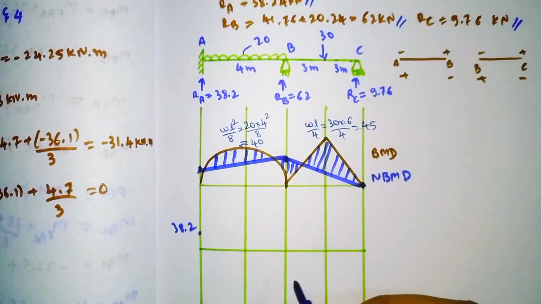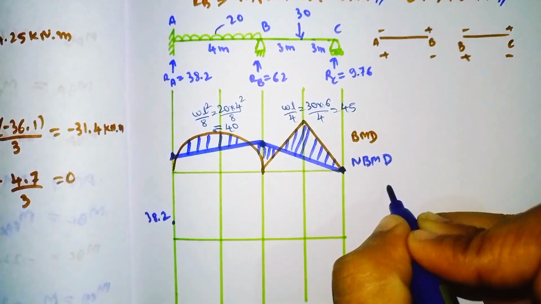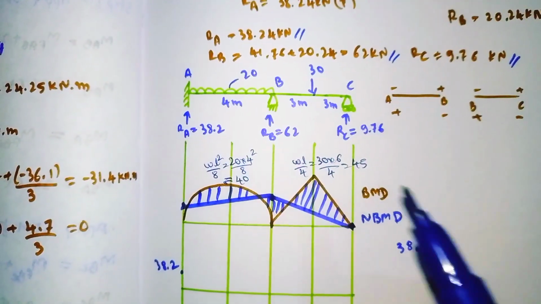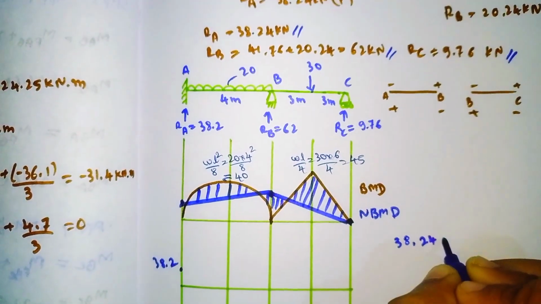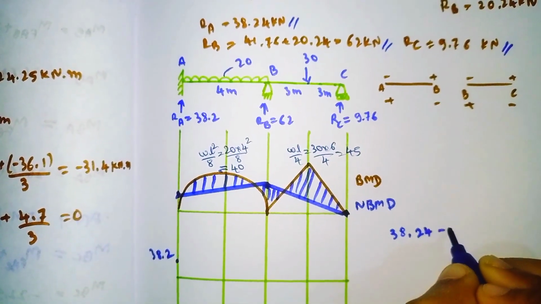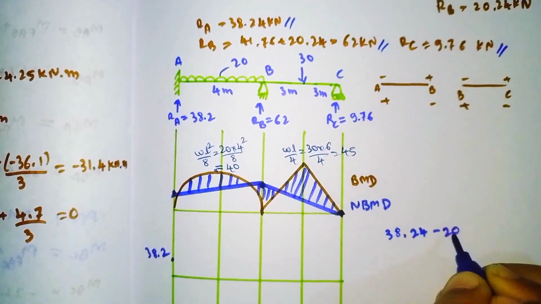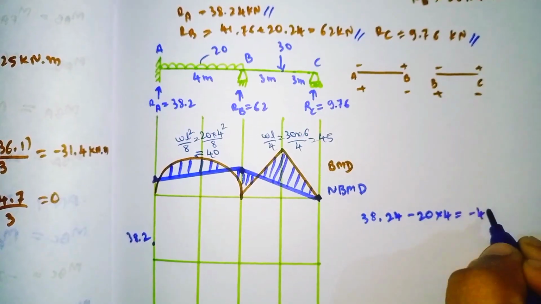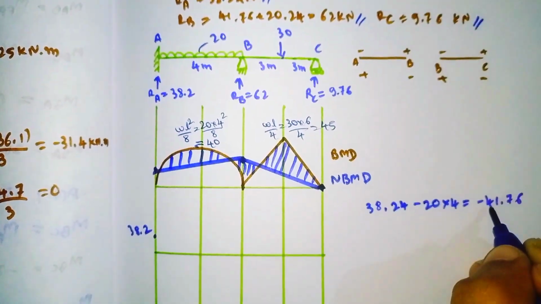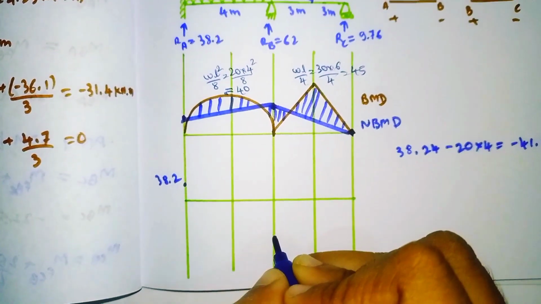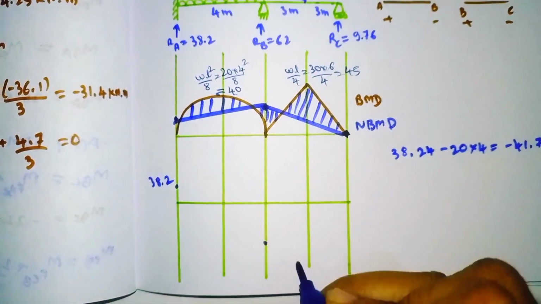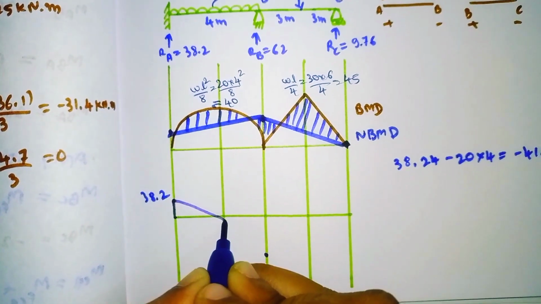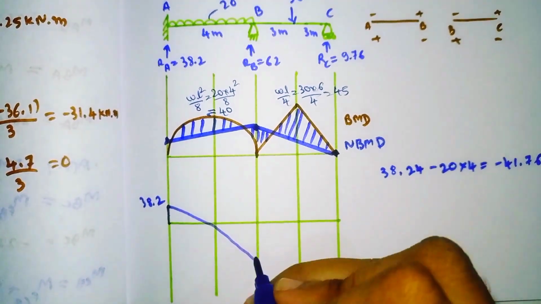So our RA value is 38.24, minus, as UDL is acting there, subtract 20 into 4, the distance over which it is acting. If you do this, it will come out as minus 41.76. Minus 41.76 means it comes here. Now we need to join this line. It will come like this.